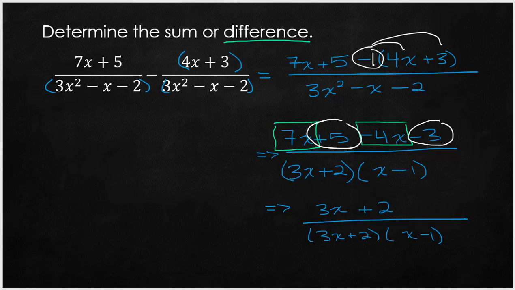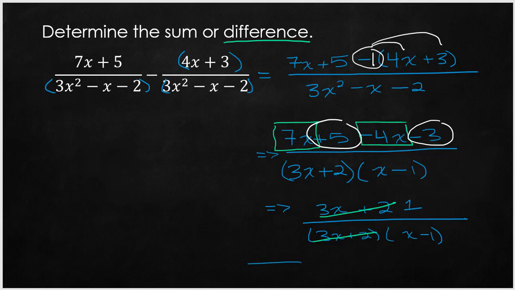All right, and now something should jump out at you here. You might remember this from our most recent lessons of simplifying rational expressions. This 3x plus 2 cancels with this 3x plus 2. And in the numerator here, we're left with a positive 1. That's what that turns into.